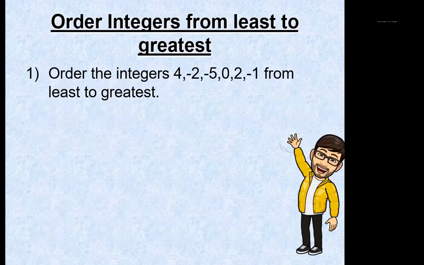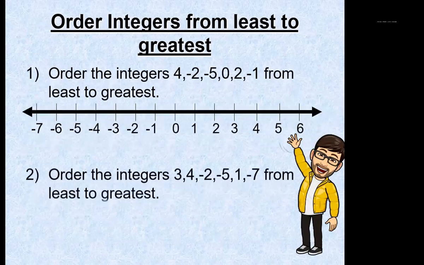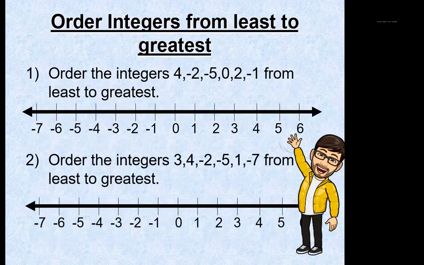Okay, let's have more example. Order integers from least to greatest. Of course, pag pina-order natin from highest to lowest, babaliktad lang natin. Okay? Dito sa number 1: negative 4, 4, negative 2, negative 5, 0, 2, negative 1. So, yung mauna dito ilagay yung negative 5, negative 2, negative 1, 0, 2, 4.